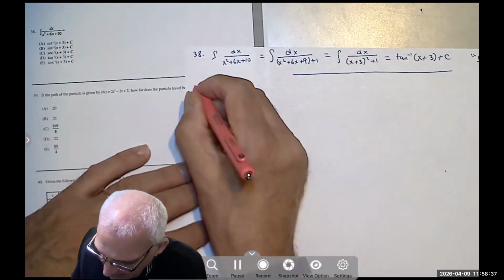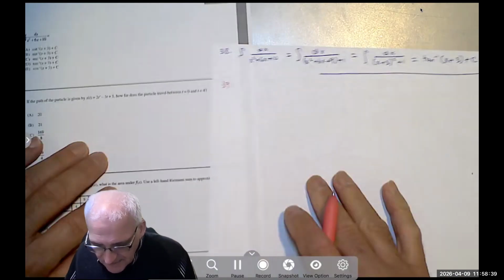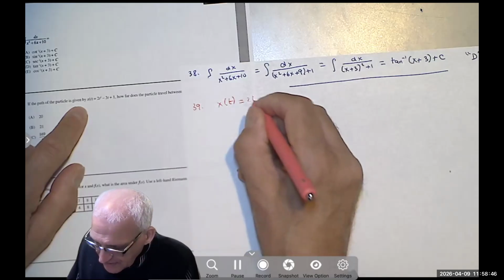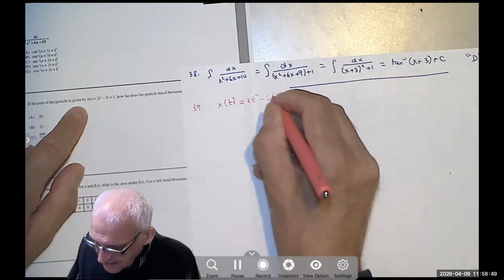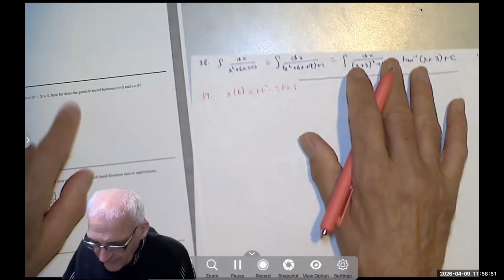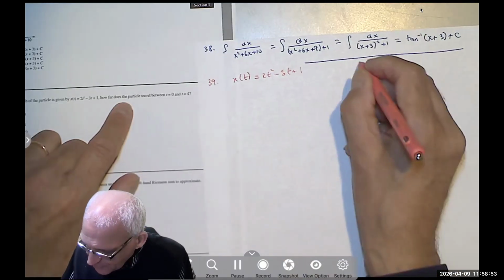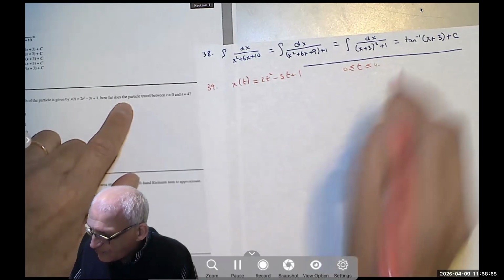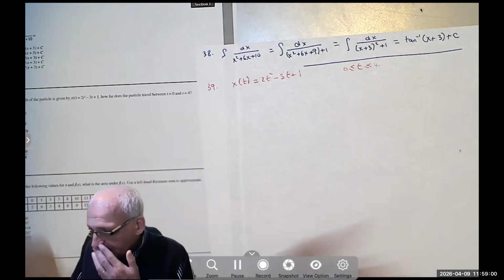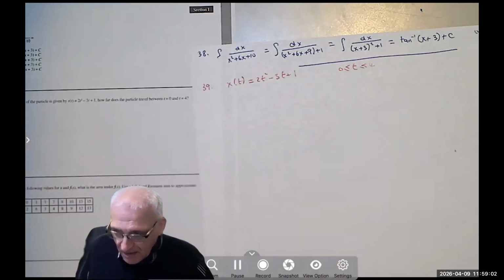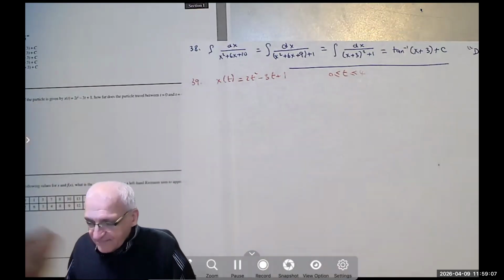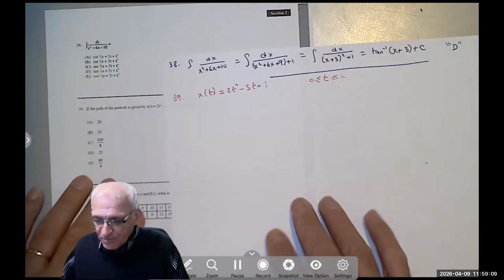Number 39. They tell you if the path of the particle is given by x of t equals 2t squared minus 3t plus 1, how far does the particle go between t greater than or equal to 0, less than or equal to 4? Okay, so when you have a problem like that, if that was linear, the problem would be trivial, right?